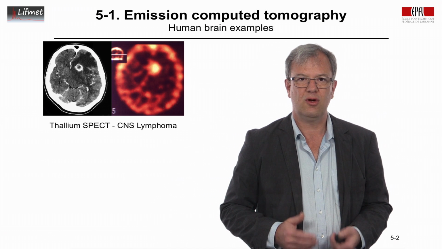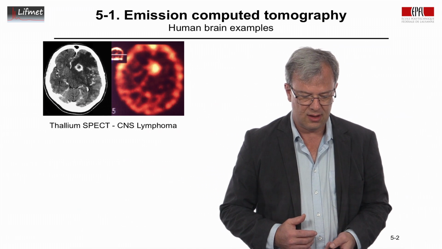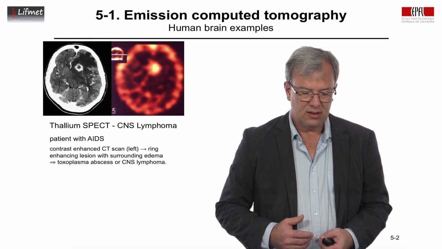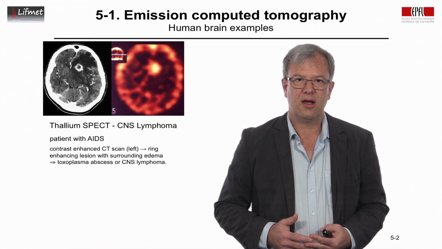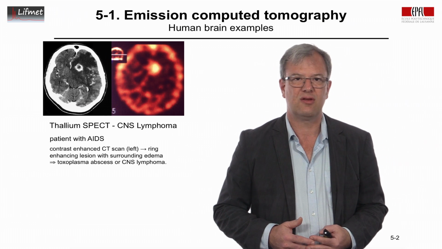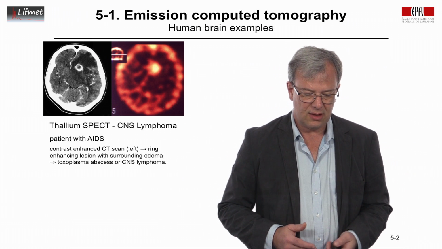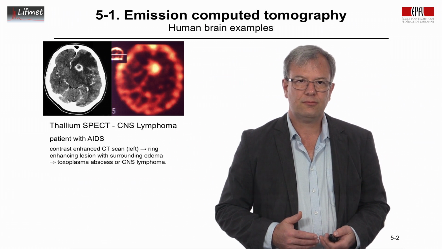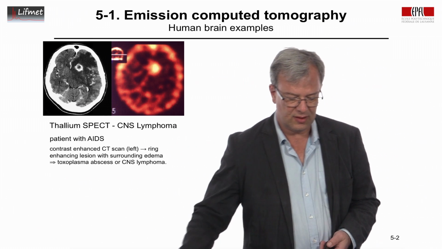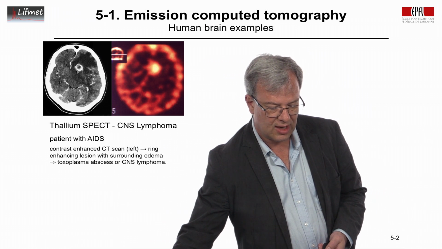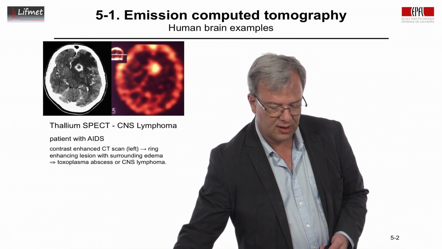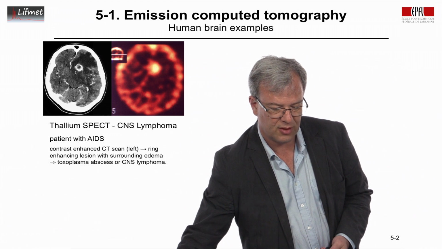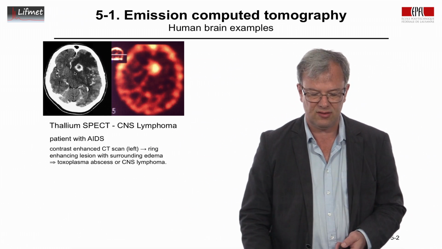On the right side, we're looking at a thallium PET scan. So this is a patient with AIDS. The patient received a contrast agent. This is what we've discussed 2 weeks ago in segment 3. And so the contrast enhancement here, this could be a toxoplasmosis abscess, it could be an abscess or a lymphoma. It's a breakage of the blood-brain barrier because the contrast agent is here in this lesion.